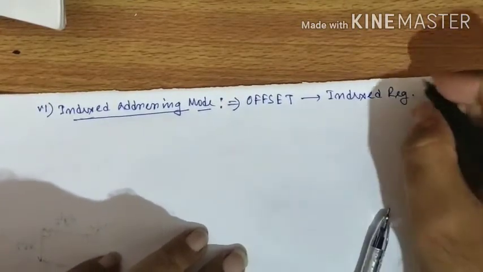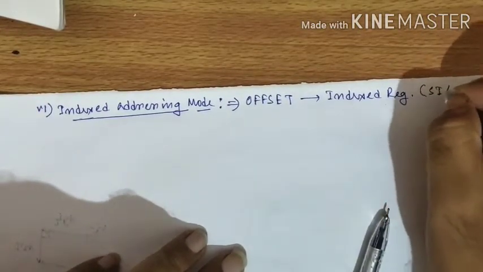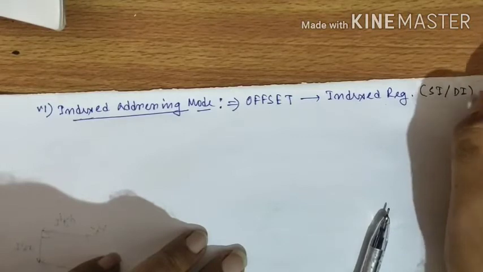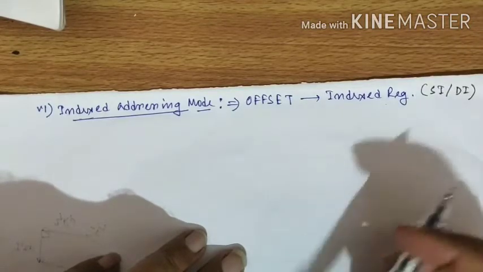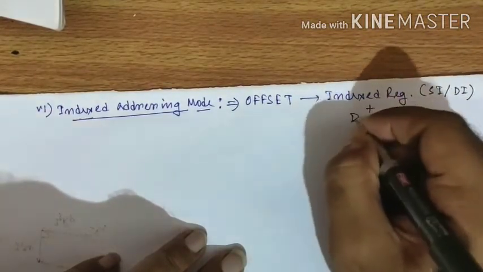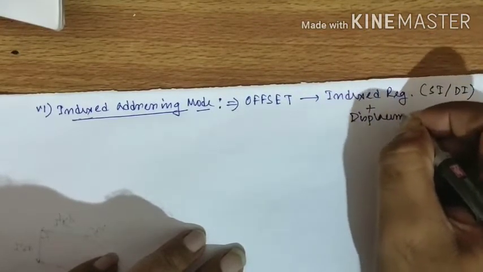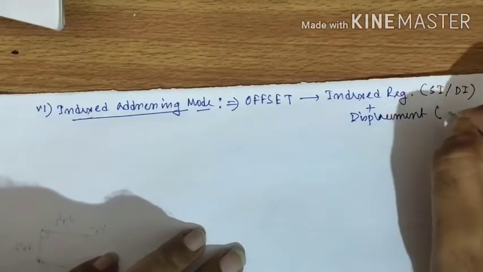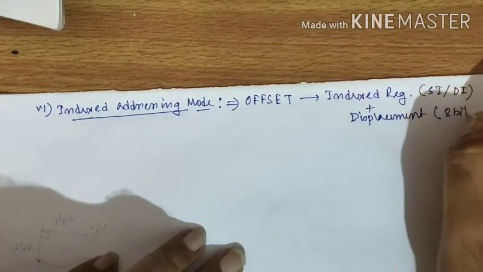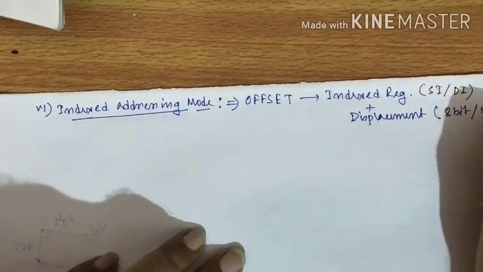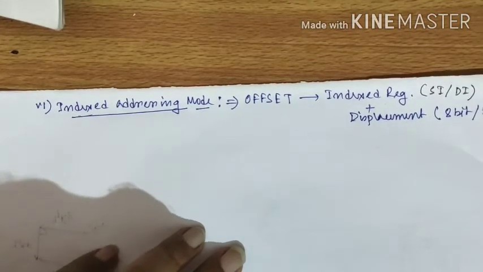The examples of index register are source index or destination index, plus, just like in the previous case that I have explained, displacement. Displacement can be of two types, that is 8-bit or 16-bit.